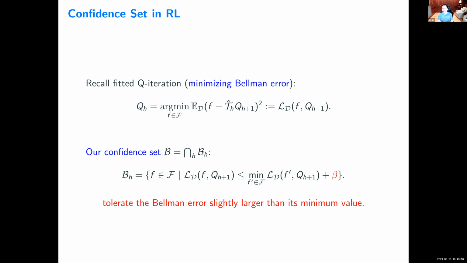BJ, you have a question? No, I think you clarified it. I was going to ask about the h index, but by taking the intersection, you get a confidence set for the value function at every step, basically the entire value function. Okay.